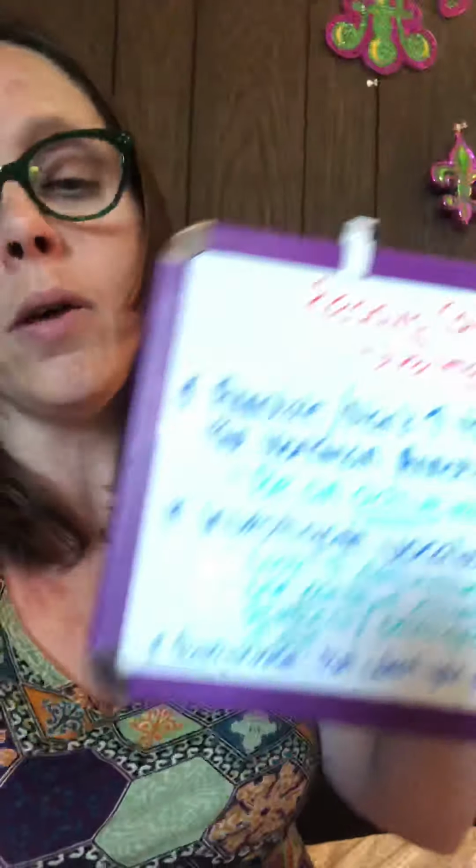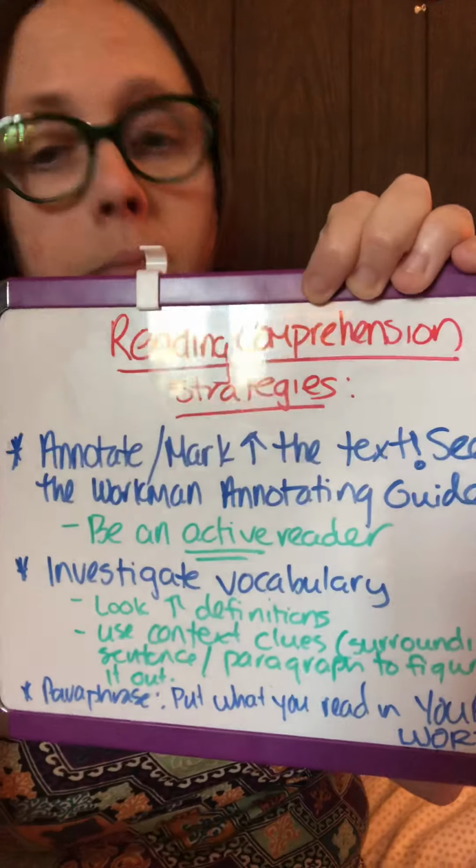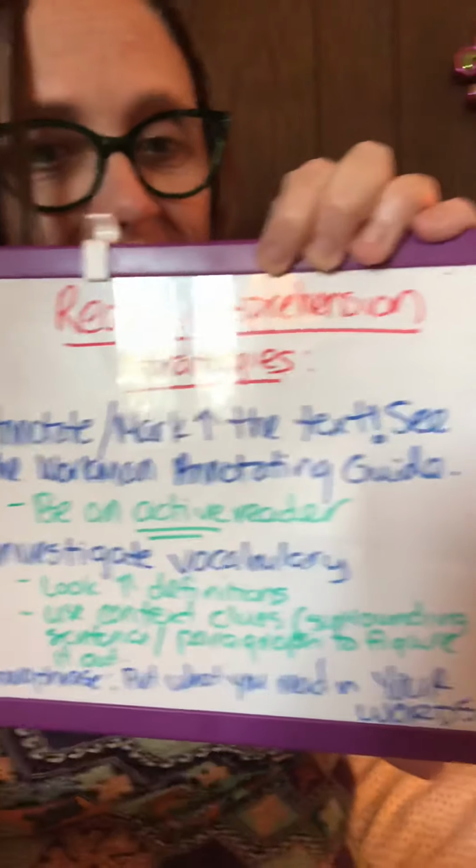Okay, and the final thing is you want to paraphrase what you are reading. Stop periodically and put things in your own words. Put what you read in your own words. That could be maybe every paragraph, every couple paragraphs at the bottom of a page. Just stop periodically, think about what you just read and write it down before you run the risk of forgetting.